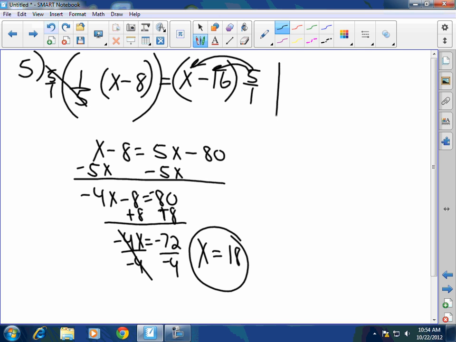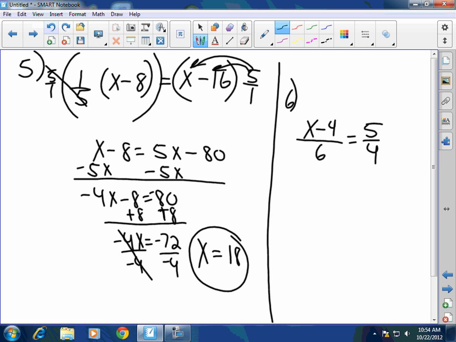Number 6. I've got x minus 4 over 6 equals 5/4. A lot of us just froze here, as if we have never seen this before. What do you do here, sir? You put the 6.